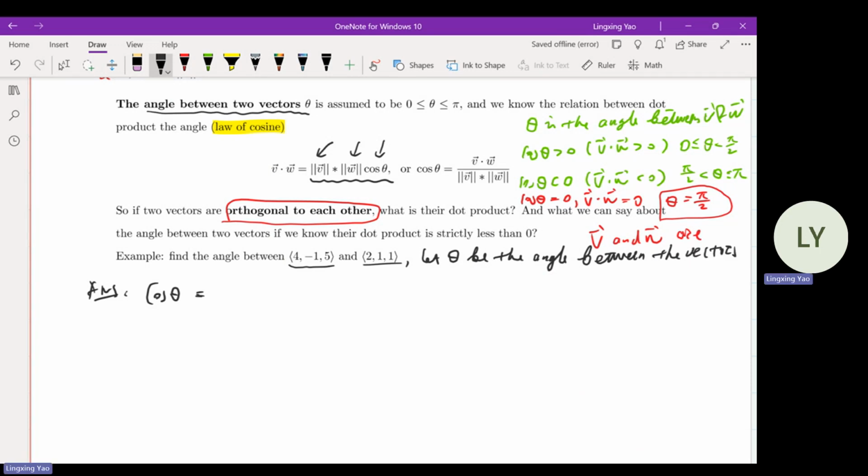Then cosine theta is obtained by the dot product of the first vector and the second vector, divided by the length of the first vector times the length of the second vector. We know how to compute the dot product.